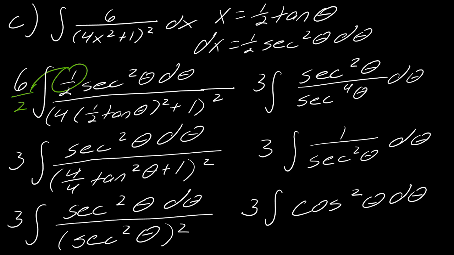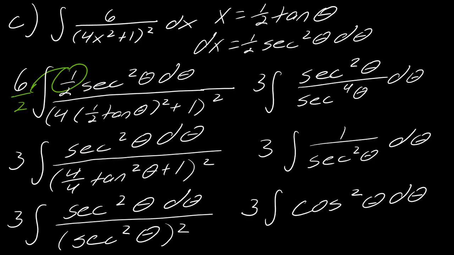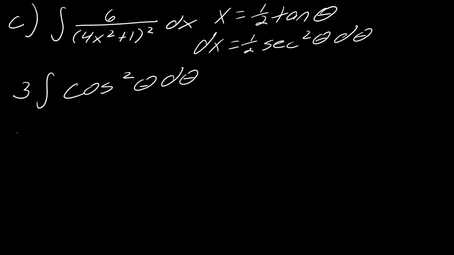And so now we can use our old buddy. This is my list of helpful identities. I think these are really helpful to have memorized. So this guy right here, we're just going to plug this in. So let me clear a little space. All right, so let's see.